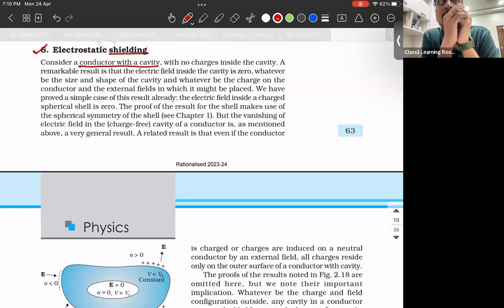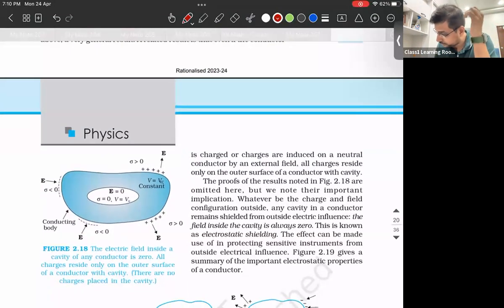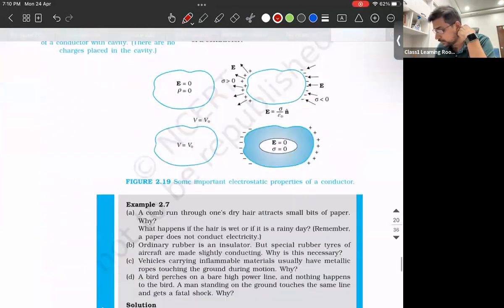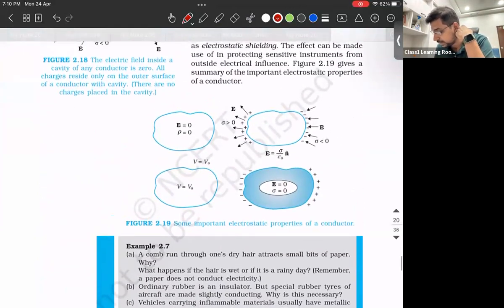The other example is when there is heavy lightning. You might get a question like this: is it safe to sit inside a car or to stand under a tree?